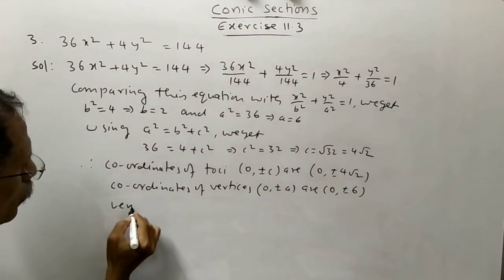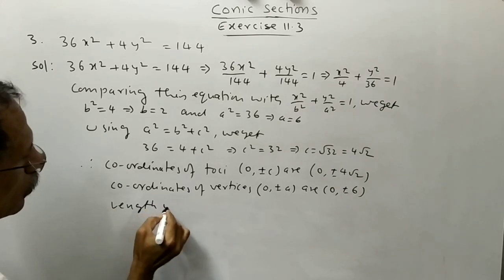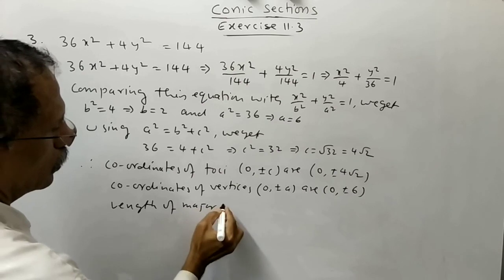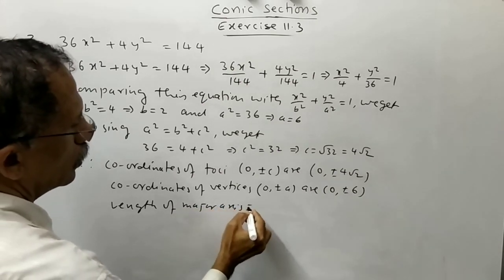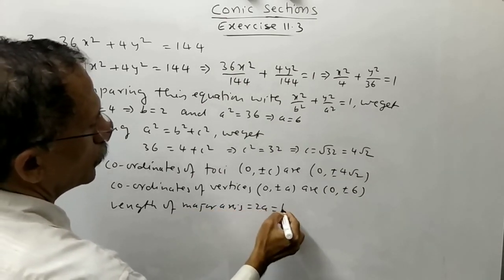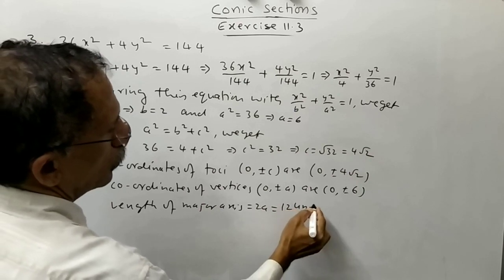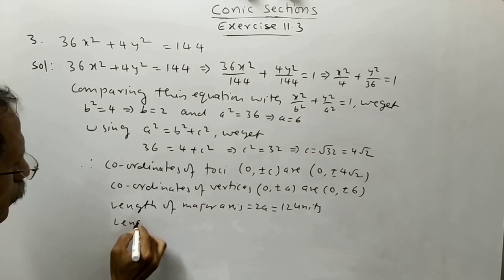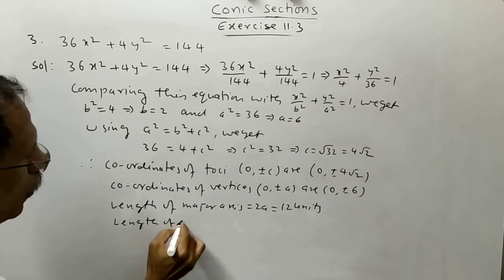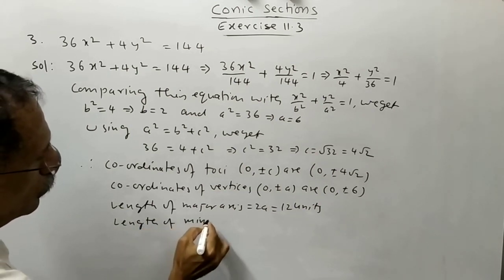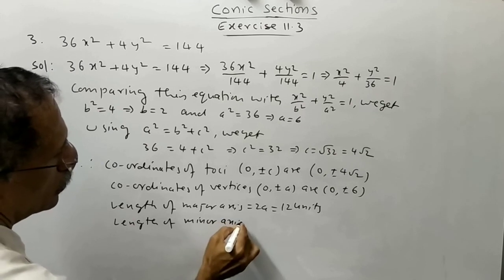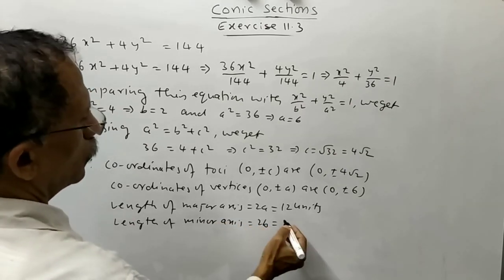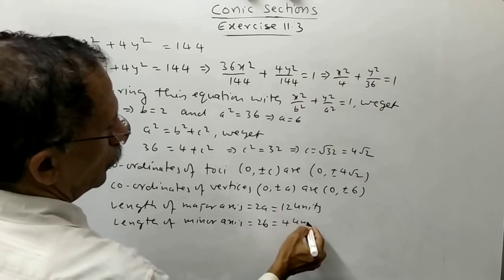Length of major axis is equal to 2a is equal to 12 units. Length of minor axis is equal to 2b is equal to 4 units.